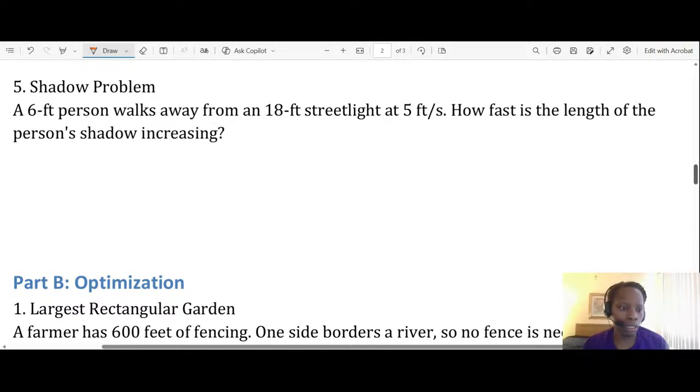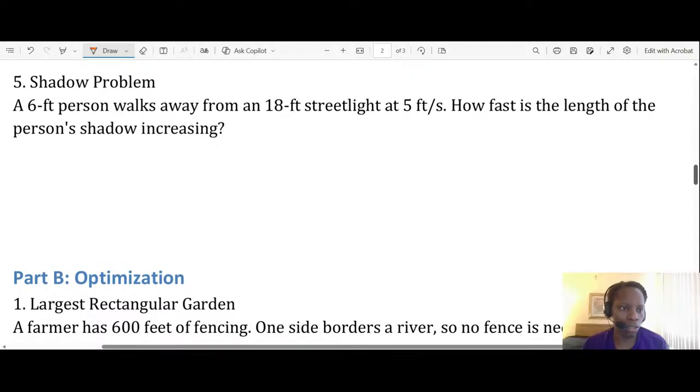All right, let's look at number 5, the last one. I think I'm going to also set this one up for you and let you put your answer in the comments. I'm also going to do the same thing for the last two questions of part B, the optimization questions. So we got a 6-foot person that walks away from an 18-foot street light.